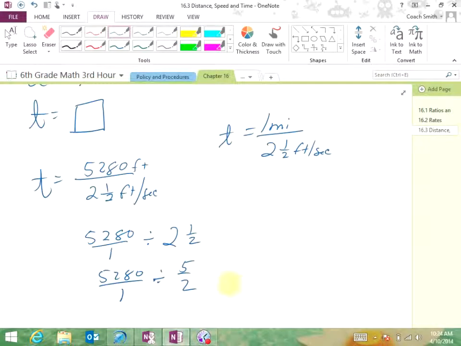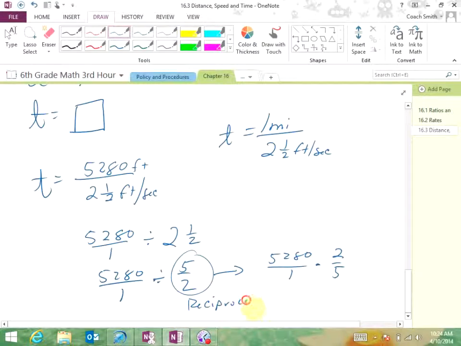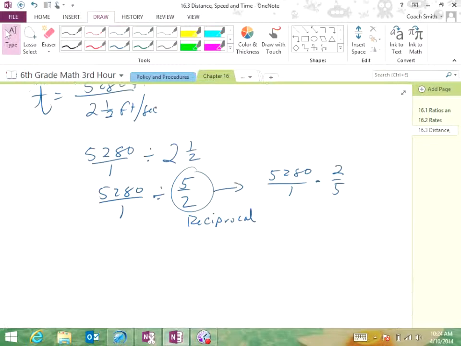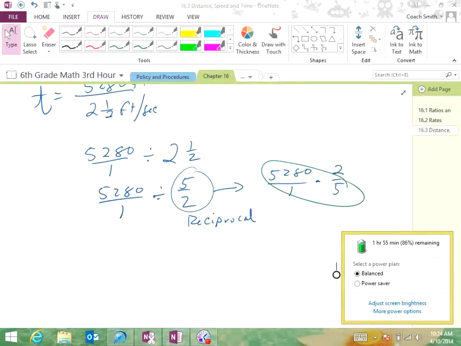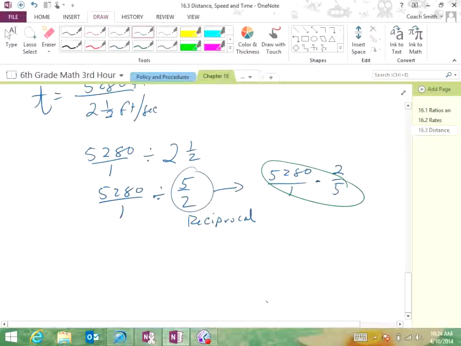And then that is 5,280 over 1 times 2 over 5, because we do the reciprocal of the fraction. Okay? Now, we can simplify. We know that 5 goes into 5,280 because 5,280 ends in a 0. So 5 will go into it.